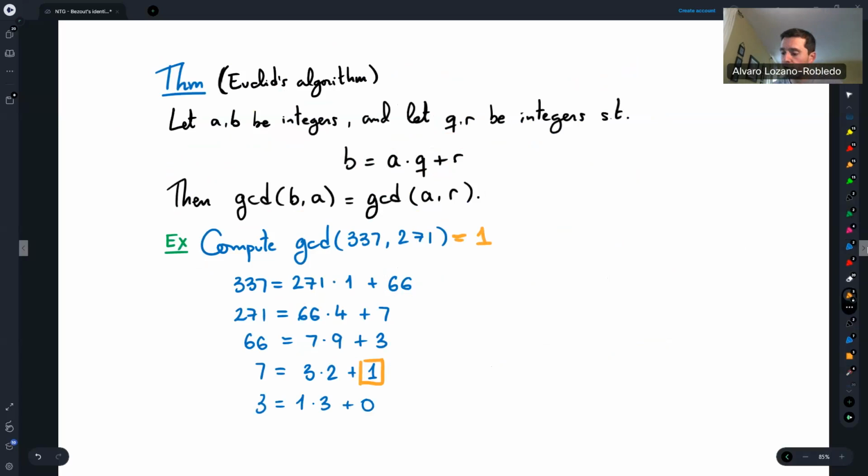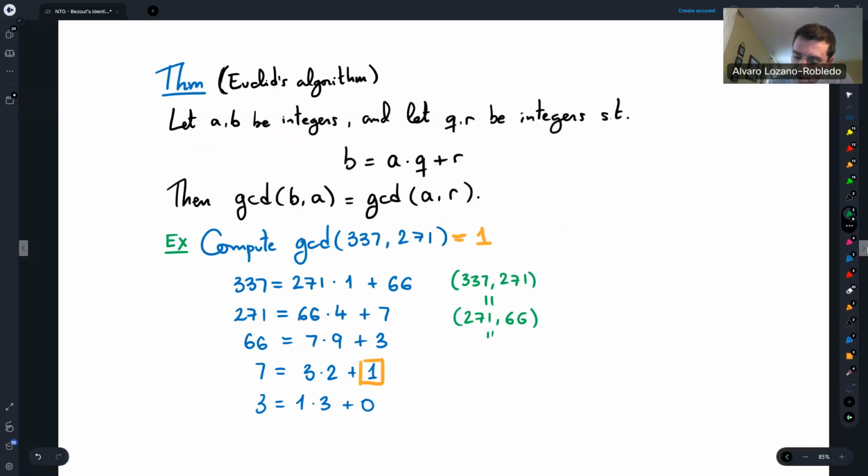Okay, why is that true? Because of the theorem. The theorem tells me that the GCD of 337 and 271 is equal to the GCD of 271 and 66. That comes from the first equation. Now, the second equation tells me that the GCD of 271 and 66 is the same as the GCD of 66 and 7.